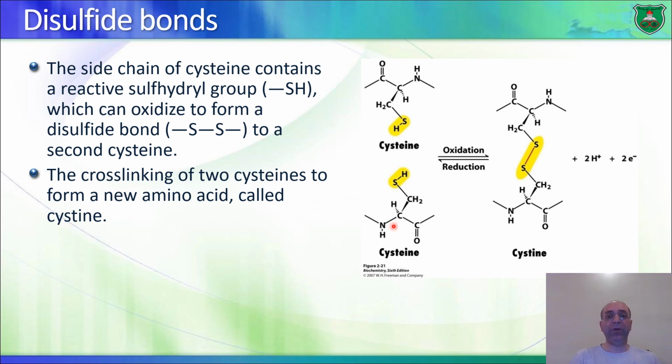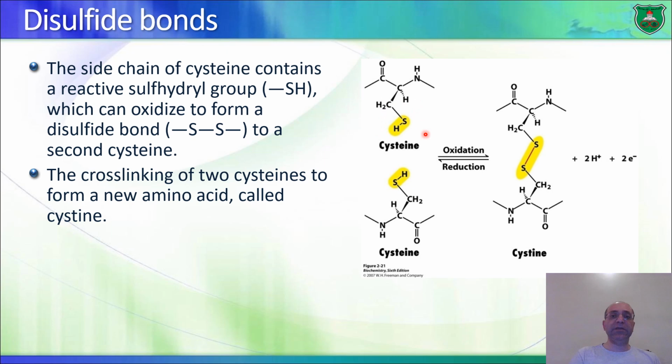So within a polypeptide, or let's say a polypeptide with another polypeptide forming one large multimeric protein, we'll talk about this later on, you can have the formation of disulfide bonds between these different polypeptides, linking polypeptides to each other. Or within a three-dimensional protein, within the tertiary structure of this protein, you can have a disulfide bond.